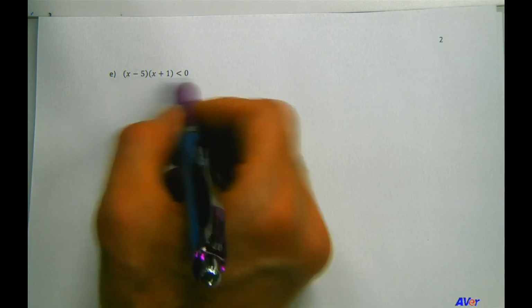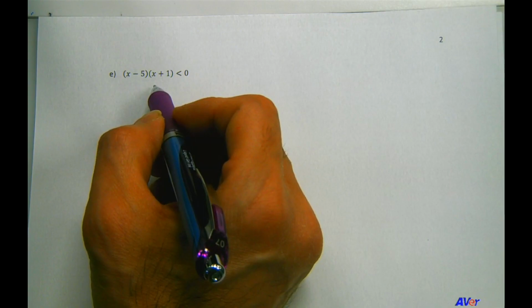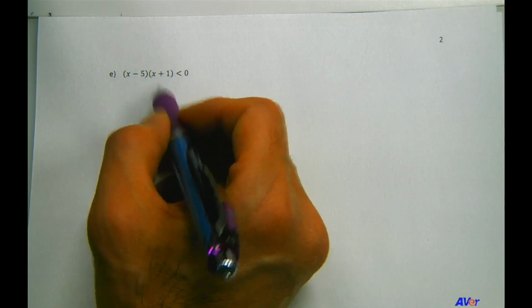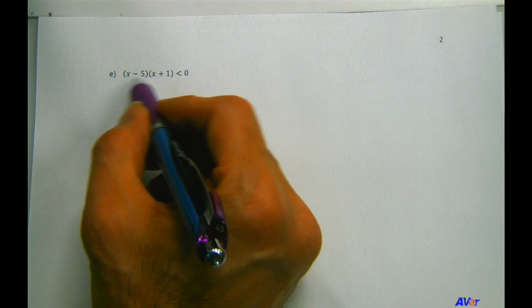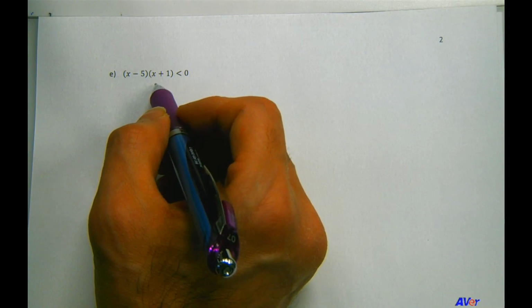Right? This setup means we want the left side to always be a negative number because it says the left is less than 0. Now, it's very difficult to find what numbers would make that happen unless you have a way of narrowing the solutions down. So fortunately, we do have a way of narrowing down the solutions.